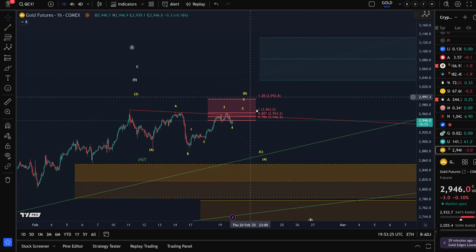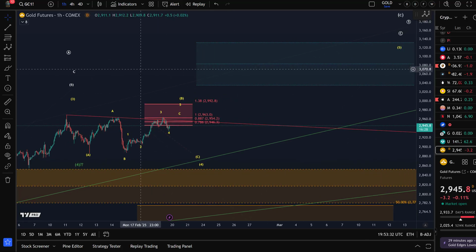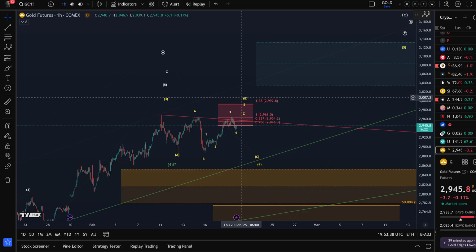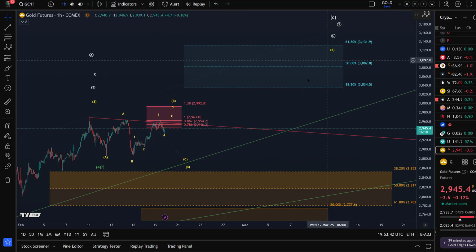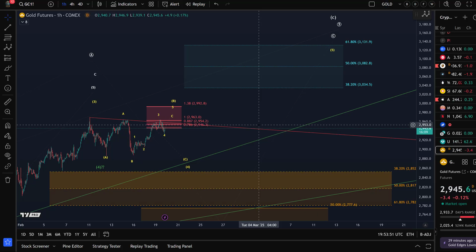And I've added the high, let's say a resistance area here for overshooting B waves. So as long as it's below 2,993, I think I would prefer the yellow count. Above that, it becomes too large for a B wave. And then it will most likely already be in the 5th wave, which means in conclusion, the yellow scenario overall is preferred. Even within this scenario, another dip is possible.